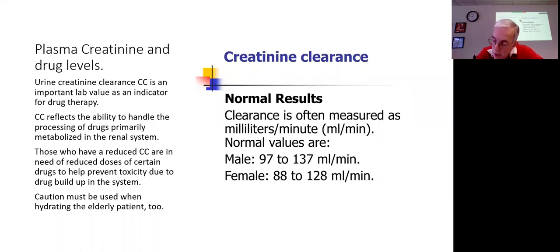Now, if it's a permanently low number, then dialysis becomes a distinct possibility because your kidneys simply aren't functioning as they should.